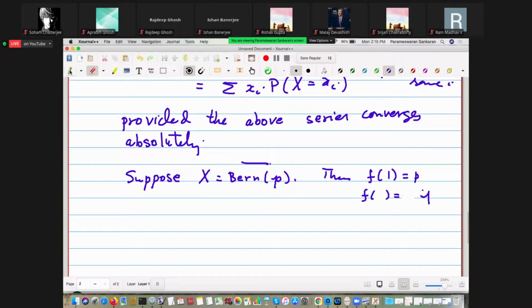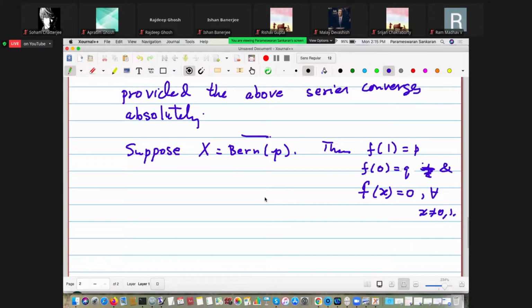It's like flipping a coin: success or failure. Probability of success is p, probability of failure is q. And f(x) is equal to 0 for all x not equal to 0 or 1. This is the definition of the Bernoulli distribution, or Bernoulli random variable, and this is the mass function of the Bernoulli random variable.